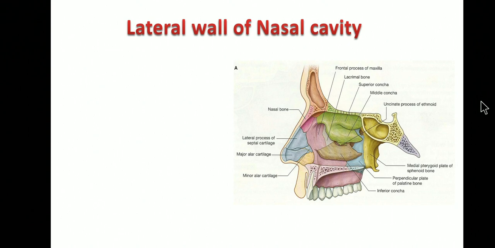Now we will pass on to the lateral wall of the nasal cavity. What are the bones forming the lateral wall of the nasal cavity? Mainly you come across three shelf-like projections: the superior, middle and inferior nasal conchae.